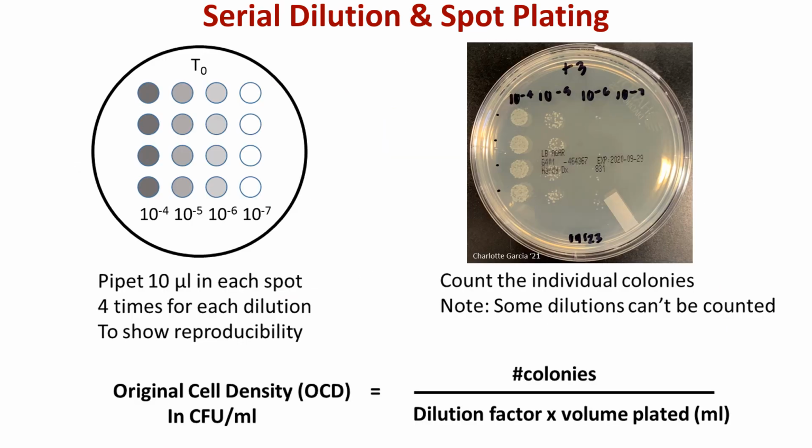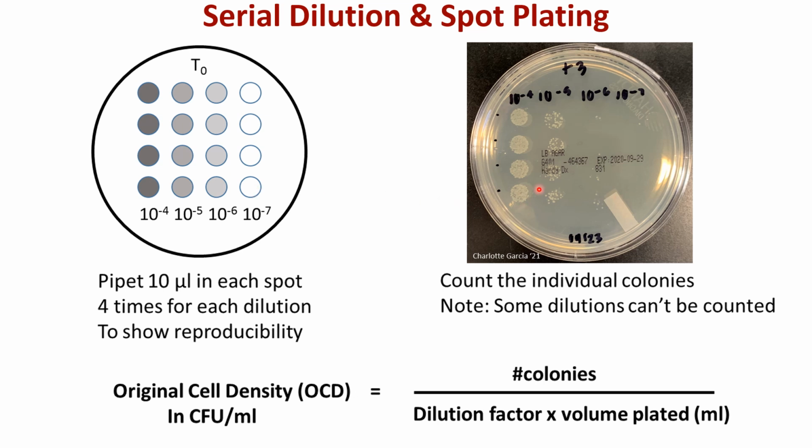All right. So how do we calculate the original cell density in that sample? Here we have our layout for our spot plating. We have 10 microliter spots, 4 of them from the 10 to the minus 4, 10 to the minus 5, 10 to the minus 6, and 10 to the minus 7.